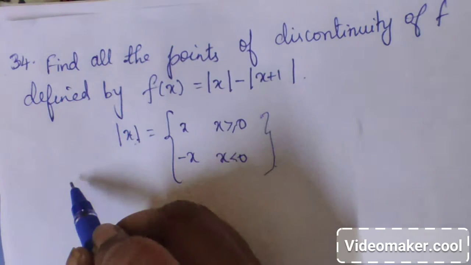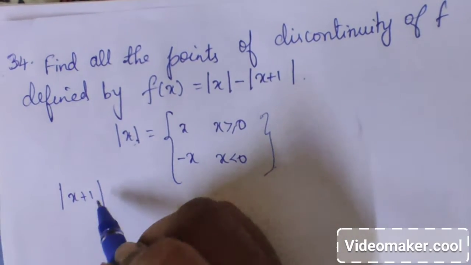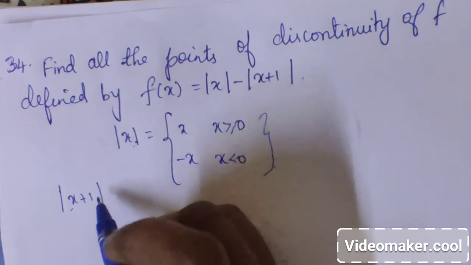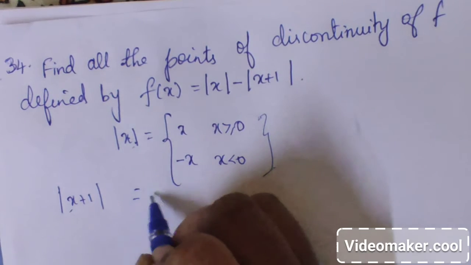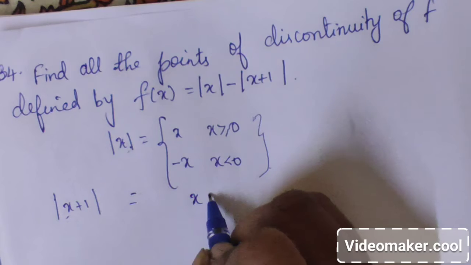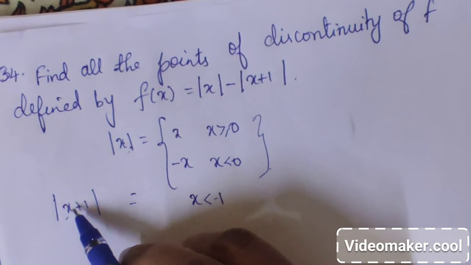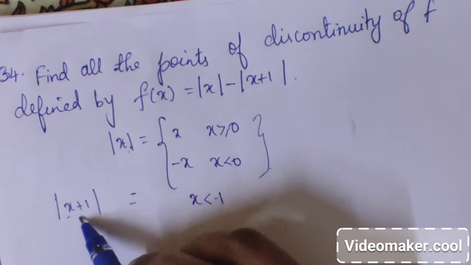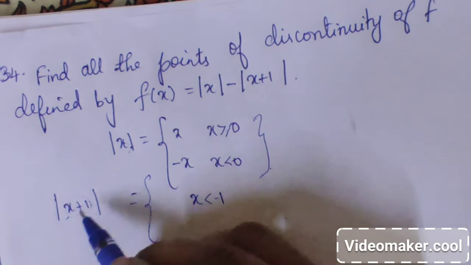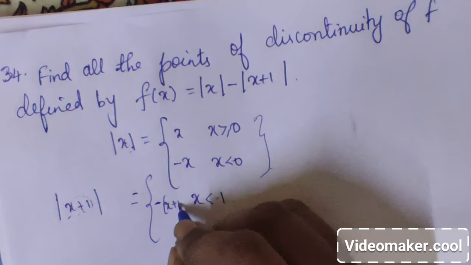And when we consider mod x plus 1, when the value of x is minus 1 it will be 0. When the value of x is less than minus 1, the inner term will be negative, so while writing that you have to write minus x plus 1.